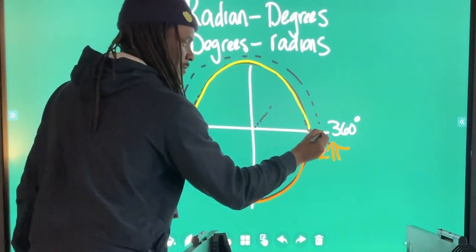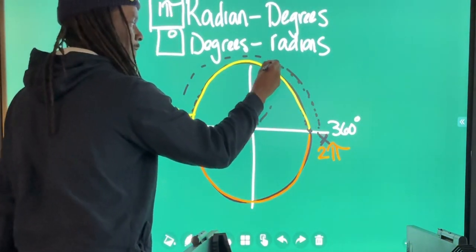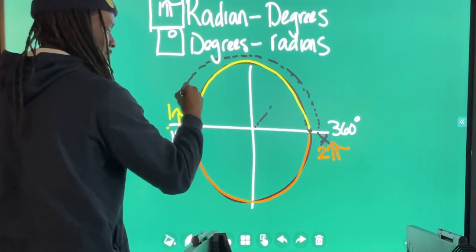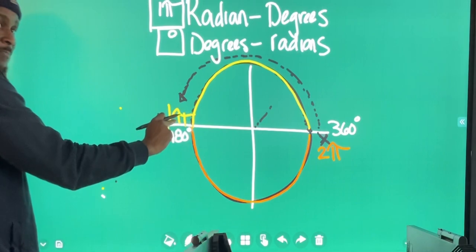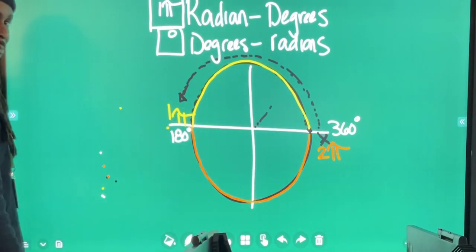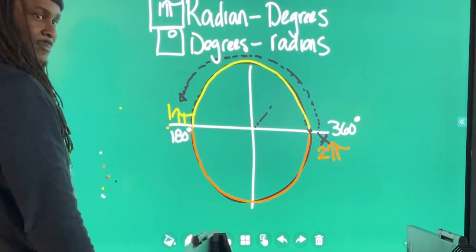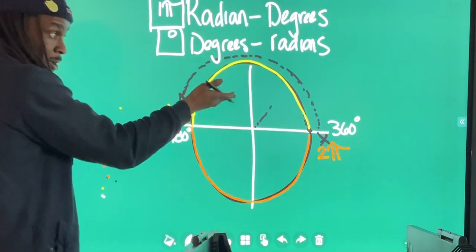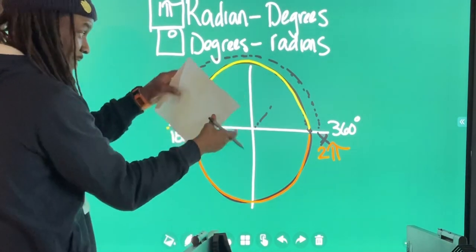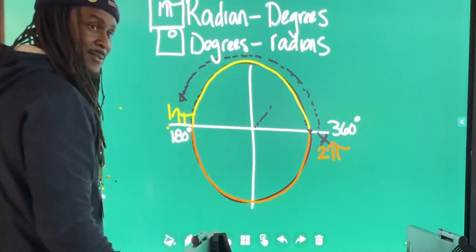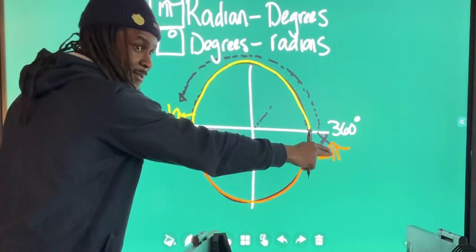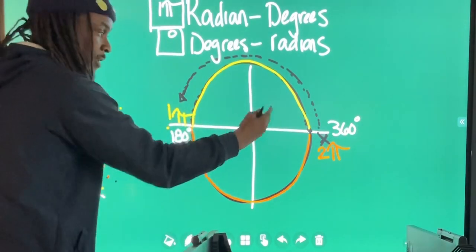Starting at X, going this way, from here to here is 1 pi. When you say 2 pi, you mean the full circle. Yes, the full circle is 2 pi. So what do we know in conclusion?